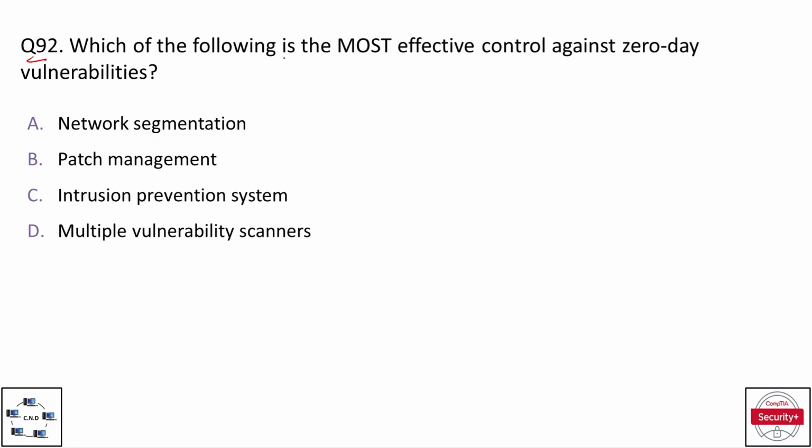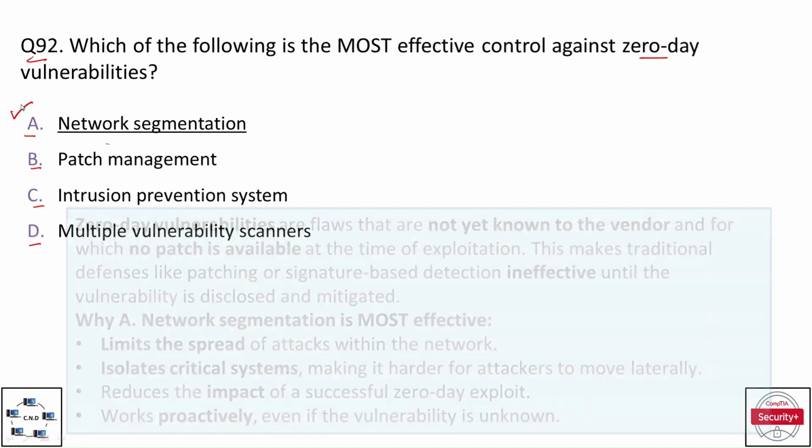Question number 92. Which of the following is the most effective control against zero-day vulnerabilities? The options are option A, network segmentation, option B, patch management, option C, intrusion prevention system, and option D, multiple vulnerability scanners. And the correct option is option A, network segmentation.